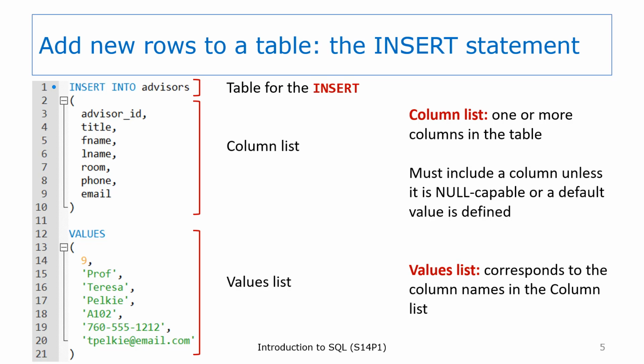In the advisors table, there are the f_name, l_name, room, phone, and email columns. All of those columns are defined as varchar fields, with lengths specified as 10, 20, or 30. If you supply a value that is longer than the maximum allowed for the column, you get an error message.